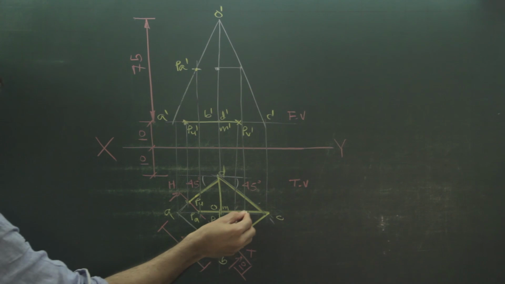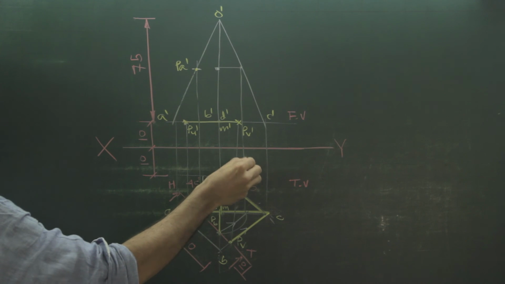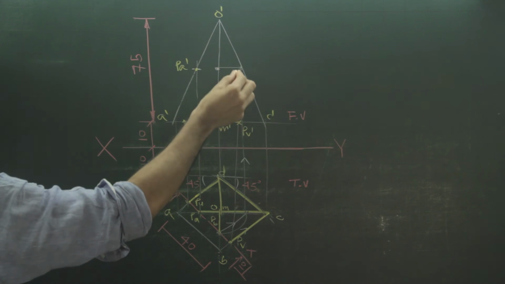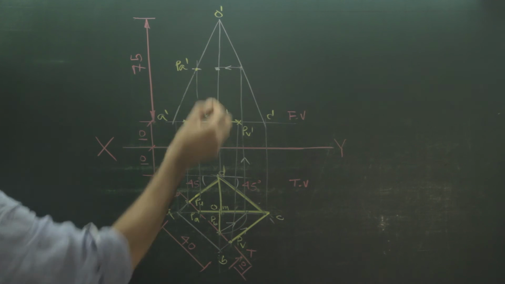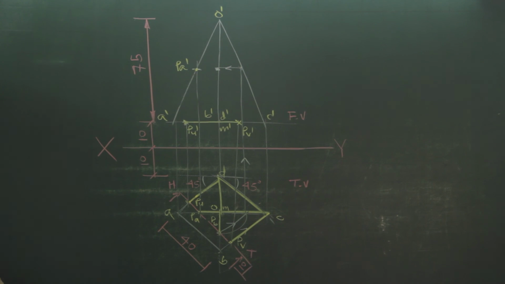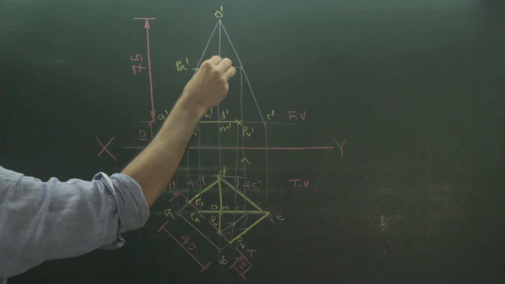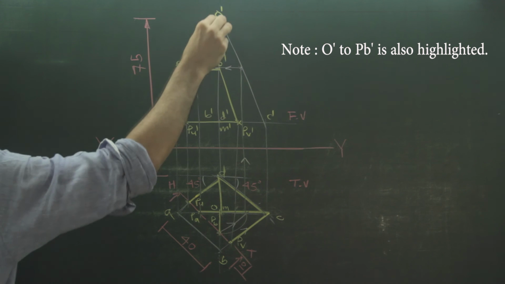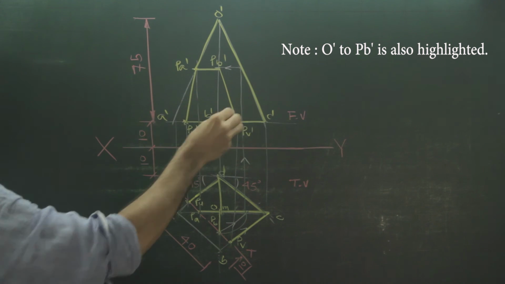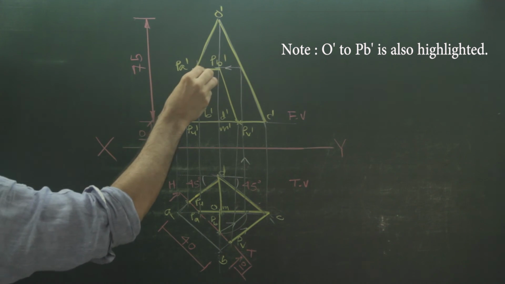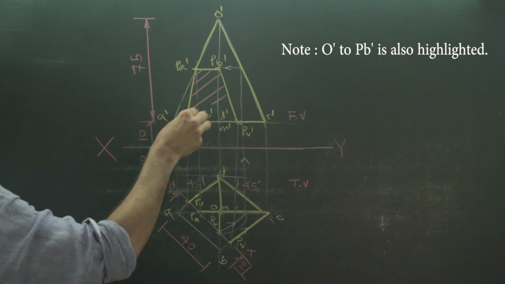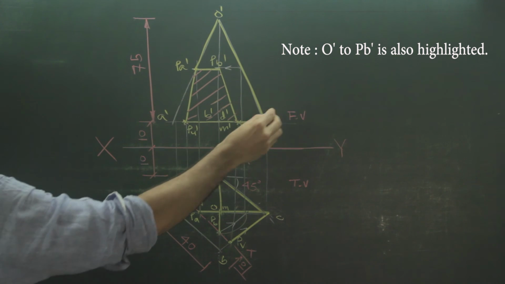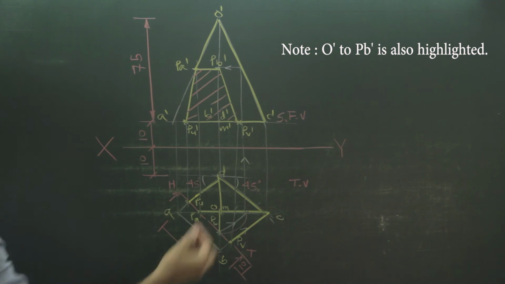See, from here to here, and from here you go up straight, wherever it will intersect with O dash, C dash, from that point you draw horizontal. So you get this point. So this point would be point PB dash. Join this. So this is the required sectional front view. Then we'll hatch. This part will be light. So this is sectional front view and top view.